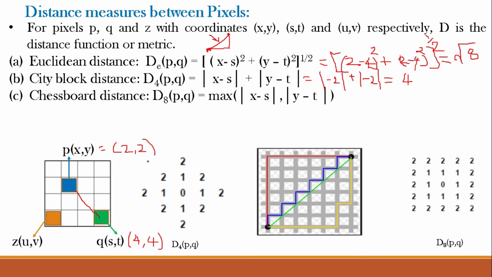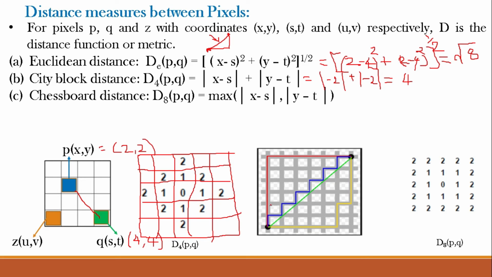Now we will understand the representation of a city block distance. This is an example of how we can represent a city block distance. These are different pixels like this. Here you need to remember that the distance between two adjacent pixels will always be equal to 1. If we consider this pixel, the distance of this pixel to itself is 0.